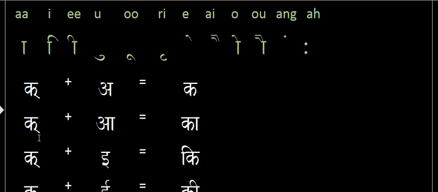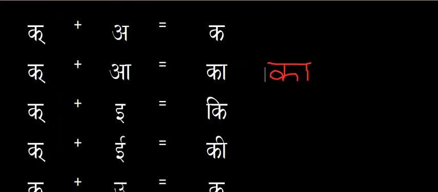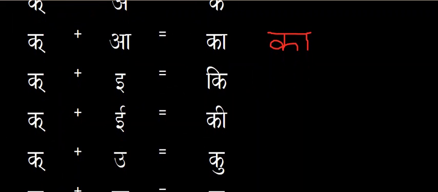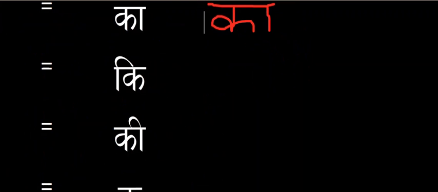So k plus a gives you ka. Let me zoom in and draw ka for you. Ka. It's just a line down. Then k plus i gives you ki. So let me write ki for you.